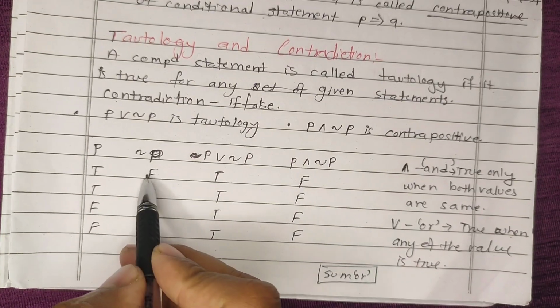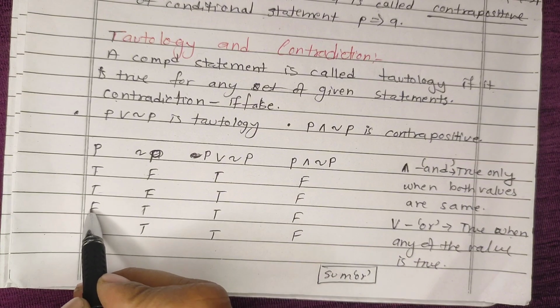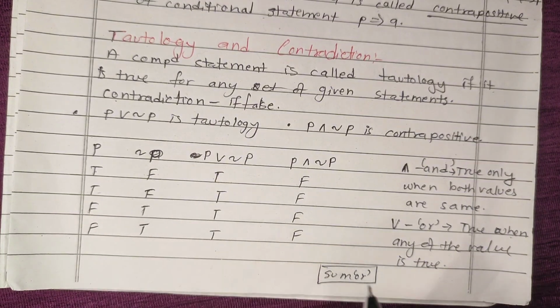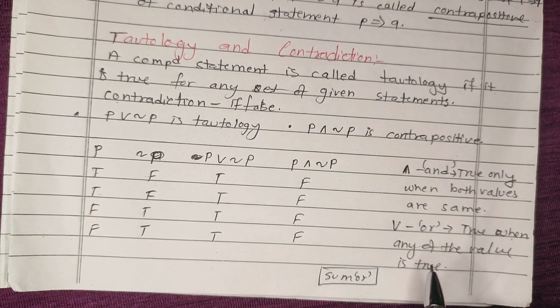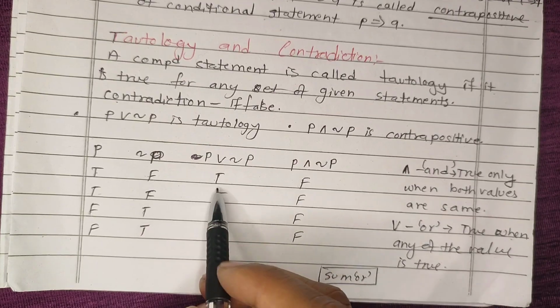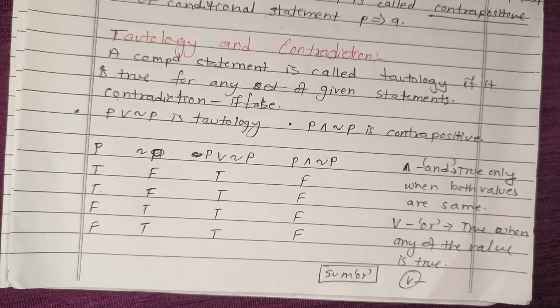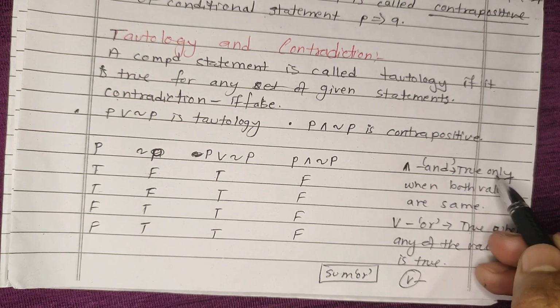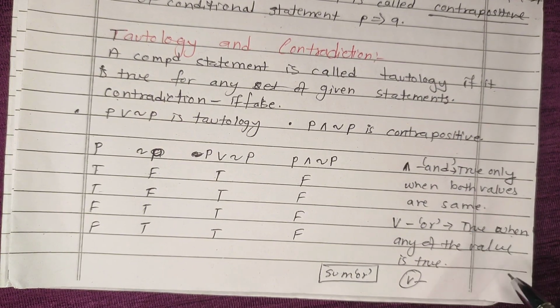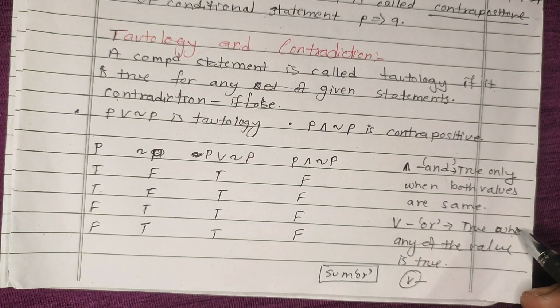Then true, true, true, true. Any of the values true gives true. Then this is symbolized as and, and it is true only when both values are the same.